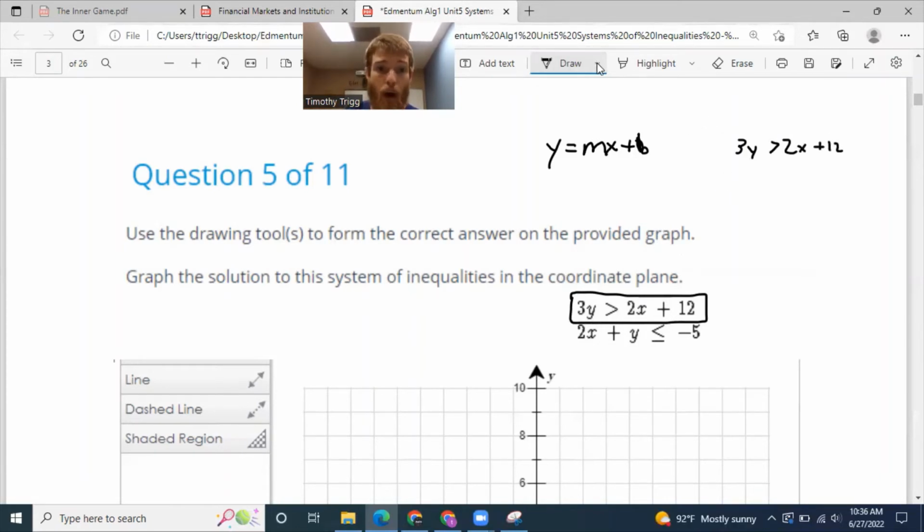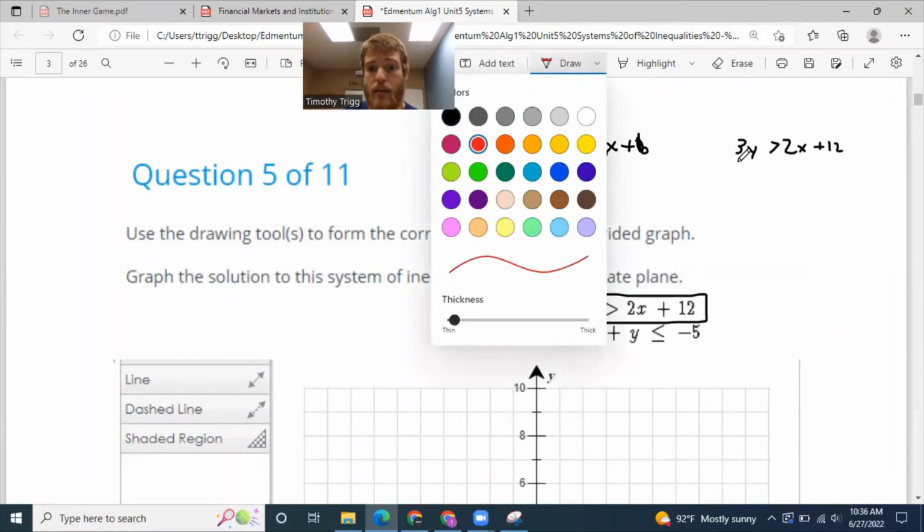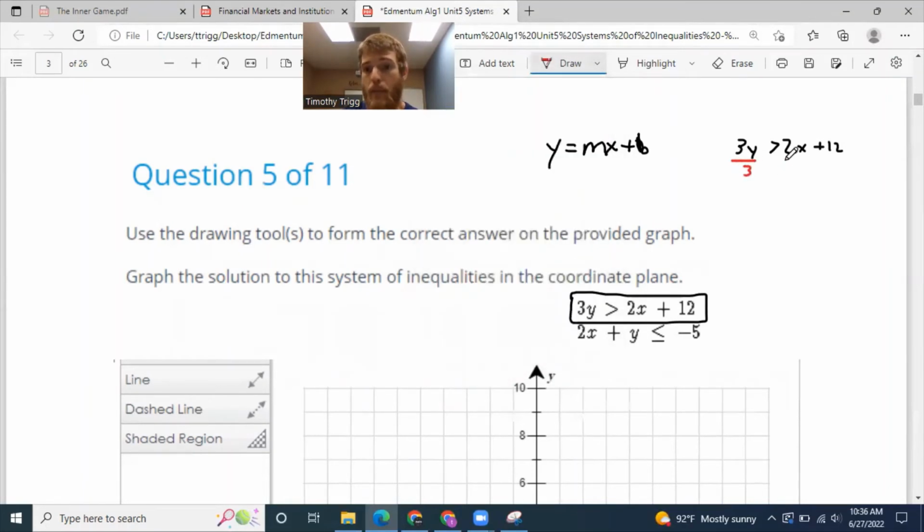Let's get y by itself. The way we're going to do that is divide both sides of the inequality by 3, giving us that y is greater than 2/3 x plus 4. So what's our slope in this case? Our slope is 2/3, that's the m. And what's the b? The b is plus 4.